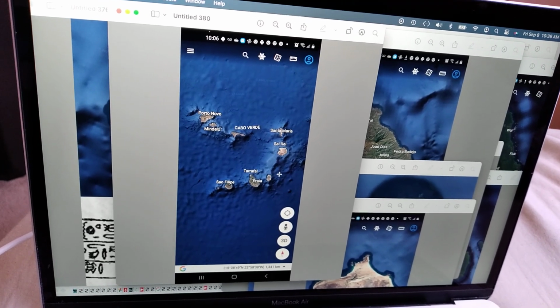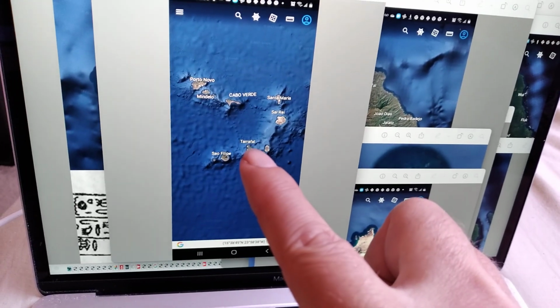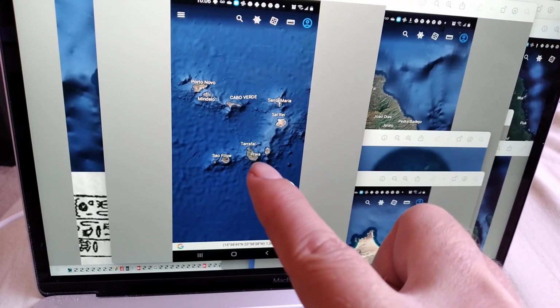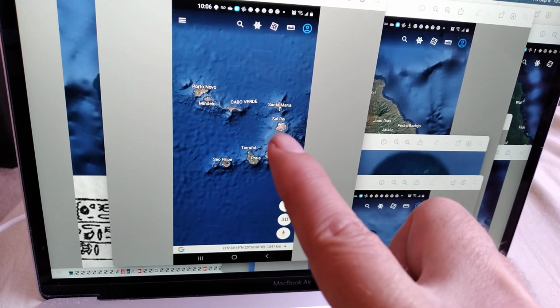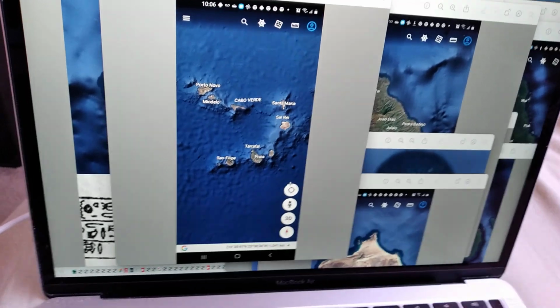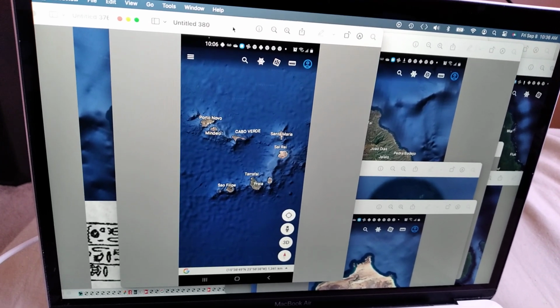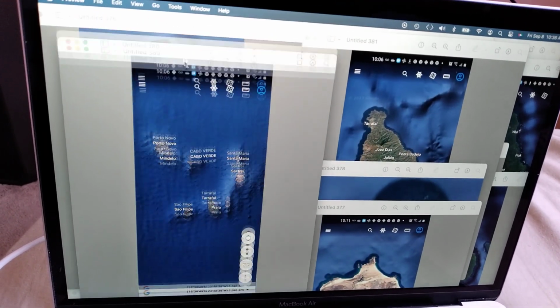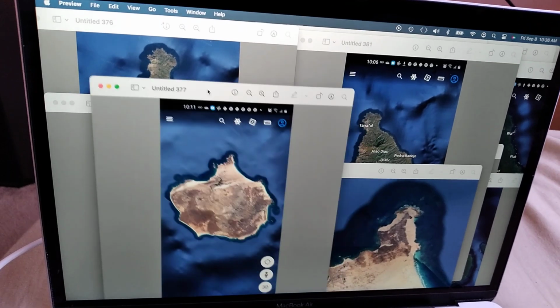So it's Tarrafal. I don't know if that's the island or if Prize is the island. And then Sal is this other one. And so that's in the Atlantic Ocean off the coast of Africa.